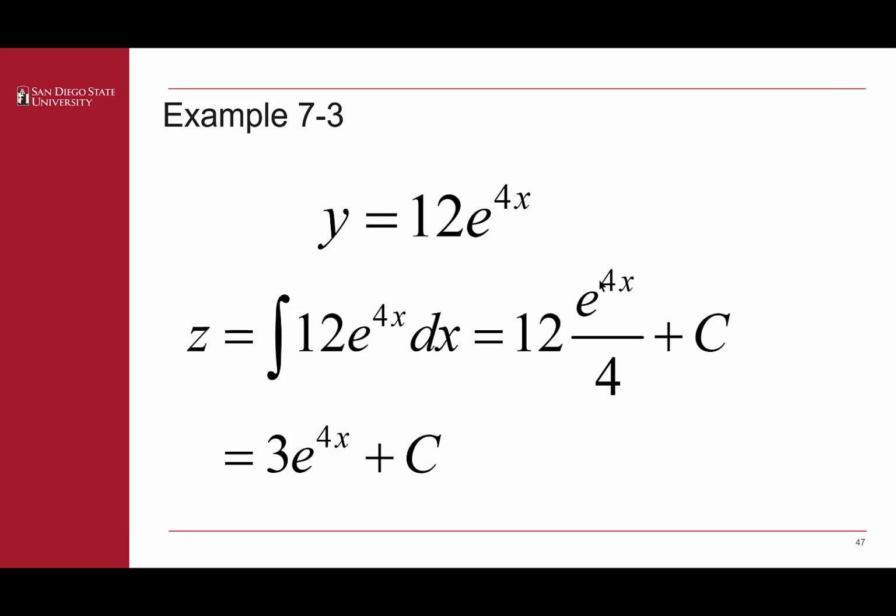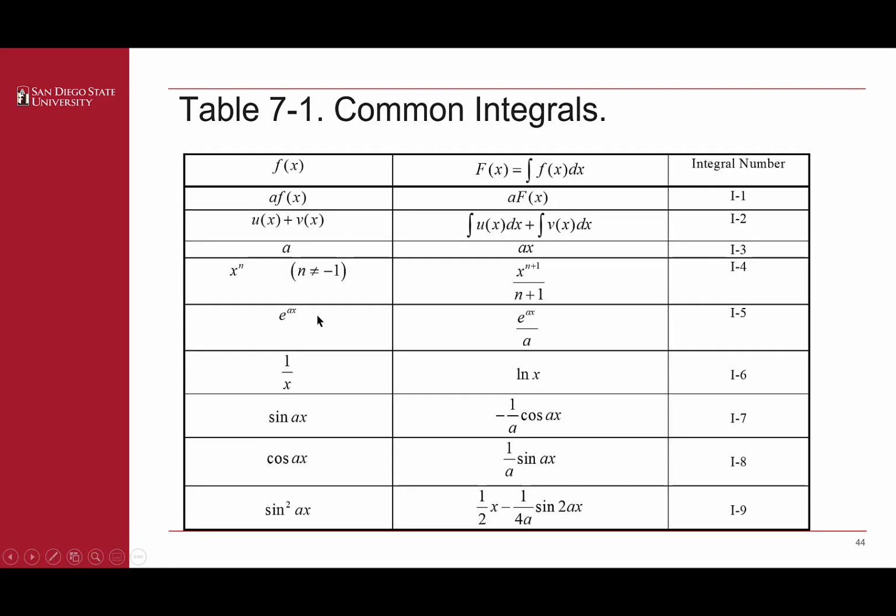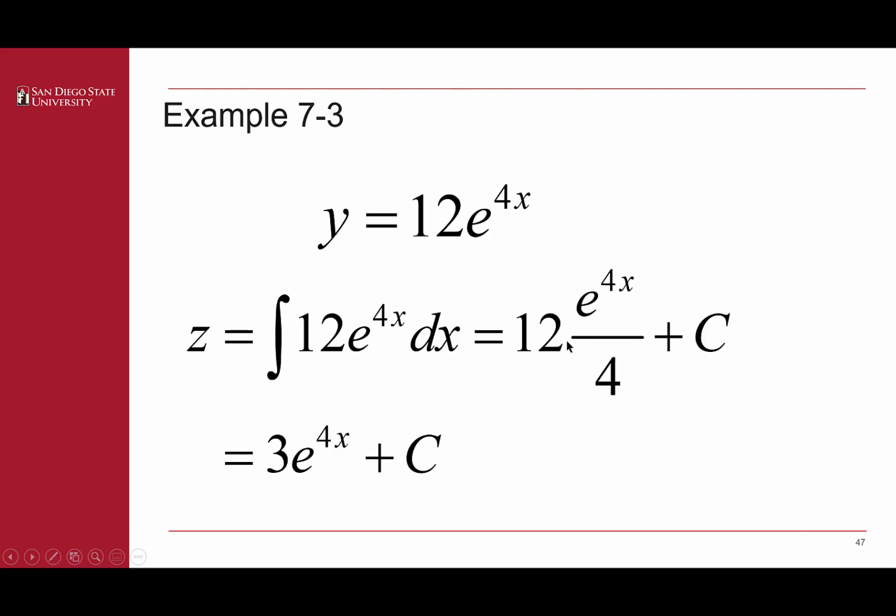If we use the table to calculate the integral of e to the ax, it is defined very simply as e to the ax over a. So we have to replace it here. The integral becomes 12 times e to the 4x over 4 plus c.